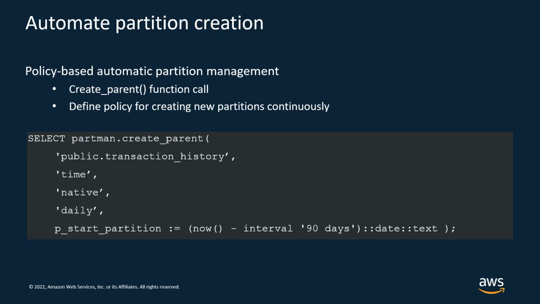The cool thing about create_parent is that it's a one-time call of the function. Once we define the partitioning policy, pg_partman will take care of automatically maintaining partitioning ongoing, adding new partitions as needed, as well as removing aged partitions based on the policy defined.